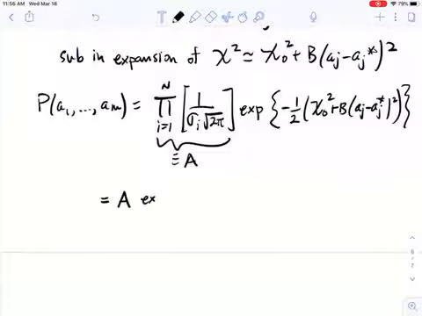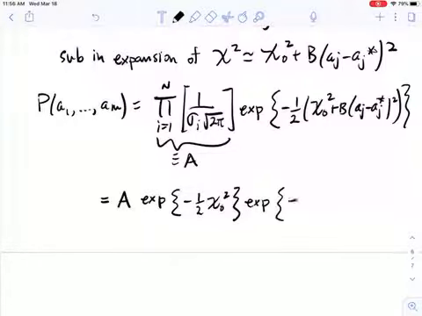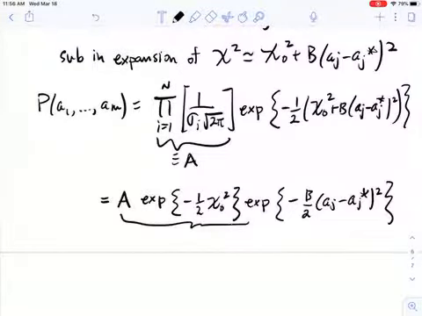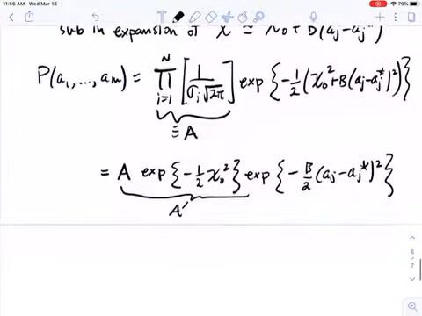So we could write that as the exponential of minus 1/2 chi 0 squared times the exponential of minus b over 2 aj minus aj star squared. Okay, chi 0 squared is just a number, so we'll take a times the exponential of minus that number, and we'll just say that's just some other constant a prime.